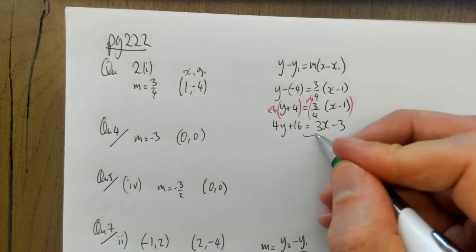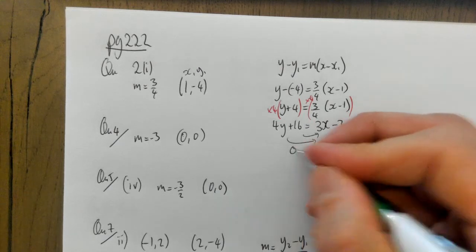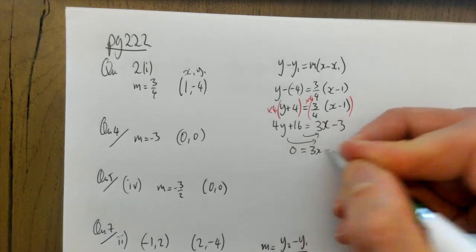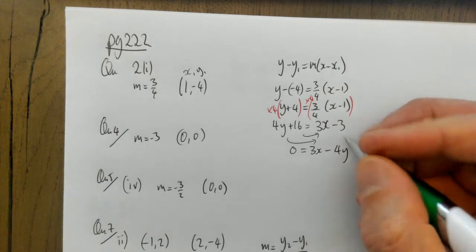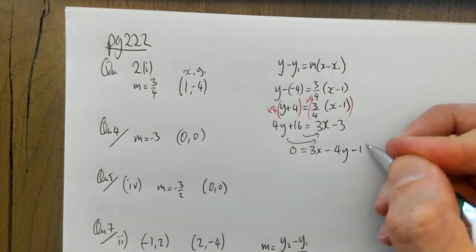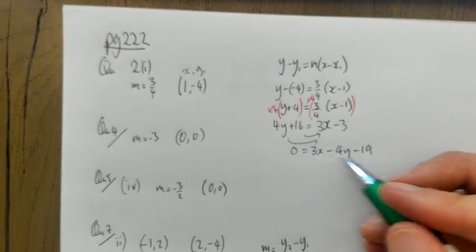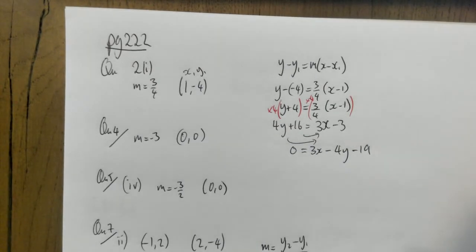Then bring everything over to make one side equal 0. I always like to leave the x positive, but don't mind if you don't. Take away minus 19. So the equation of the line is 3x minus 4y minus 19 equals 0.